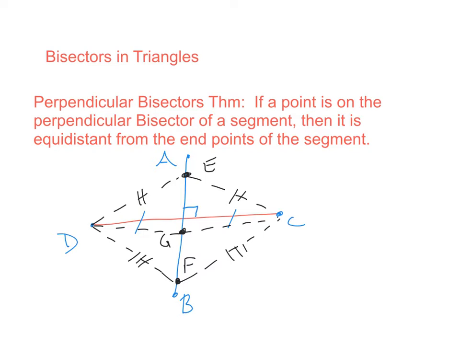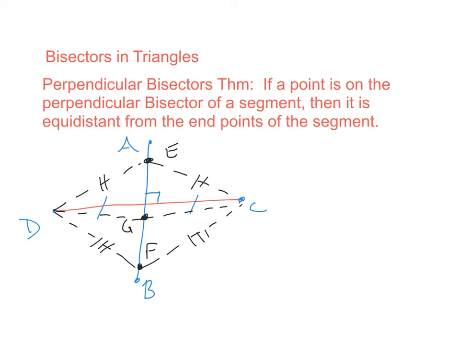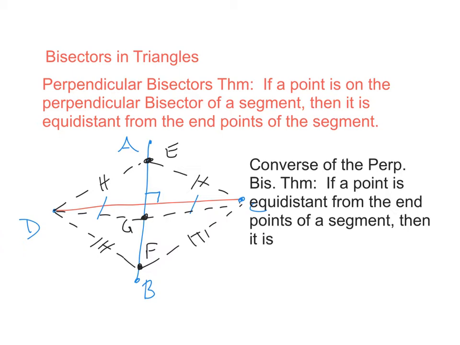And then the converse of the perpendicular bisector theorem says exactly the opposite. The converse of the perpendicular bisector theorem basically says if a point is equidistant from the endpoints of a segment, then it is on the perpendicular bisector of the segment.